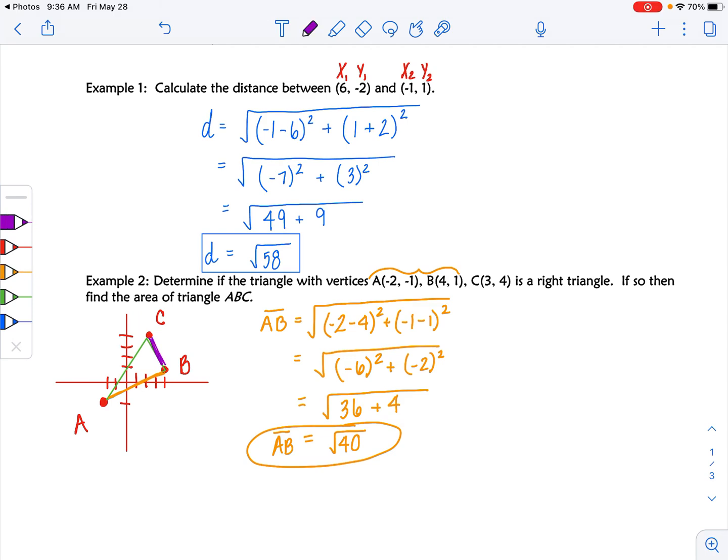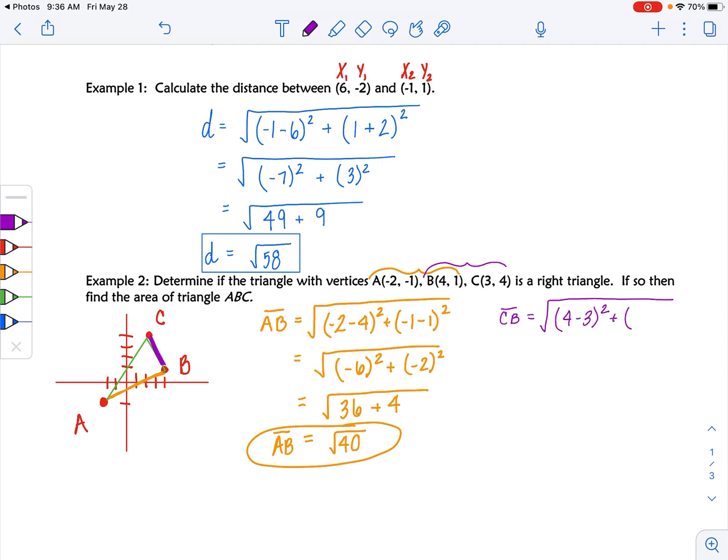Now let's find CB. There is no CD, which means I'm going to use these 2 points. So I'm going to do 4 minus 3.